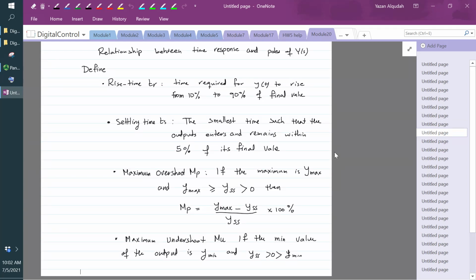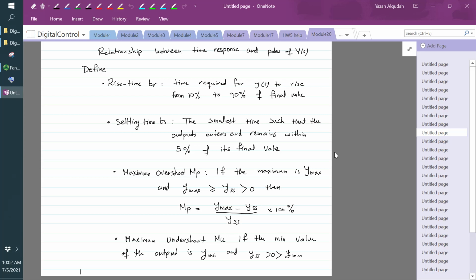So now what we want to look at is the relationship between the time response and the poles of y of s. And if you remember, when we studied feedback control, we defined multiple metrics to characterize the response of the system. We defined the rise time, the time it requires the output to go from 10% to 90% of the final value.